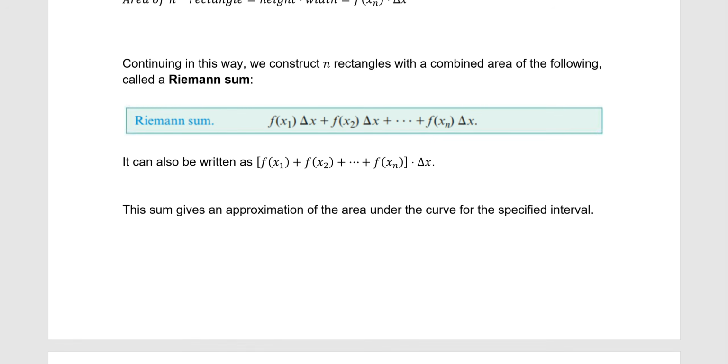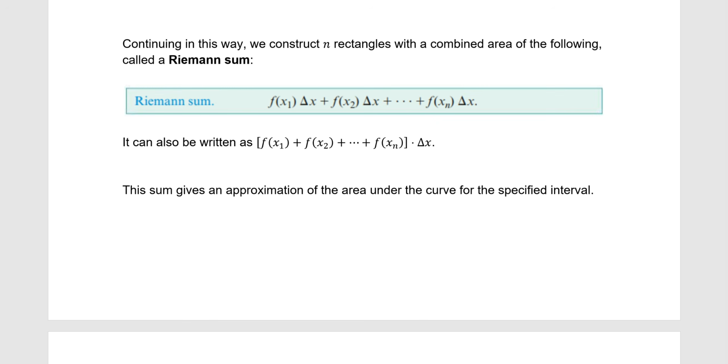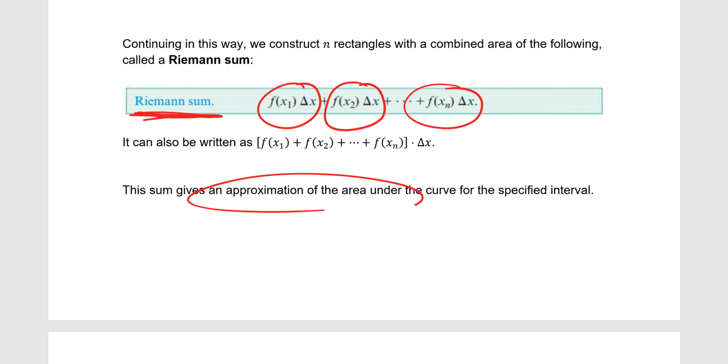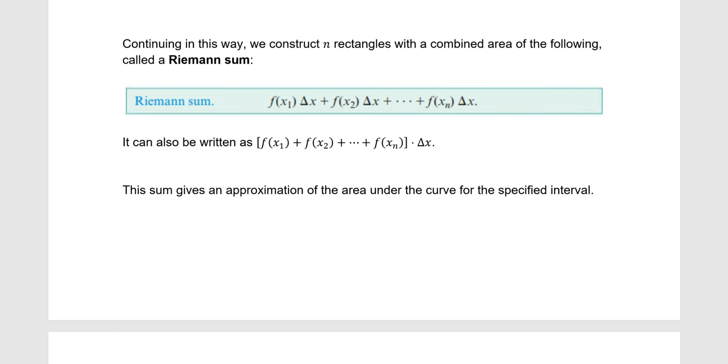Okay, so what we do is we construct n number of rectangles, and we can add up each one of those areas together for however many rectangles we have, and this is called the Riemann sum, and this gives us an approximation of the area under the curve over a specified interval. So the way that I like to write it, and that I'm going to be writing it, is this way right here.